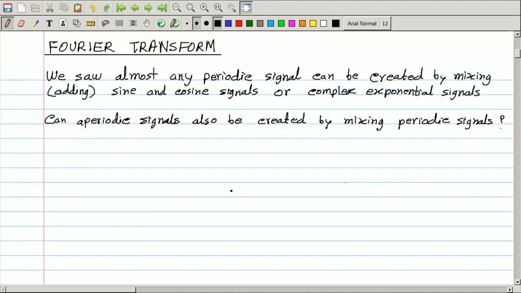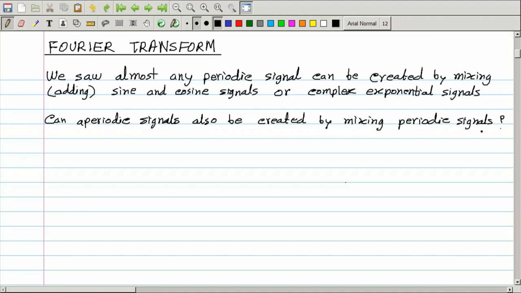Now, previously we have seen that almost any periodic signal can be created by mixing or adding sine and cosine signals only, or mixing only complex exponential signals. Today, let me ask, can we also create aperiodic or non-periodic signals by mixing periodic sine, cosine or exponential signals?